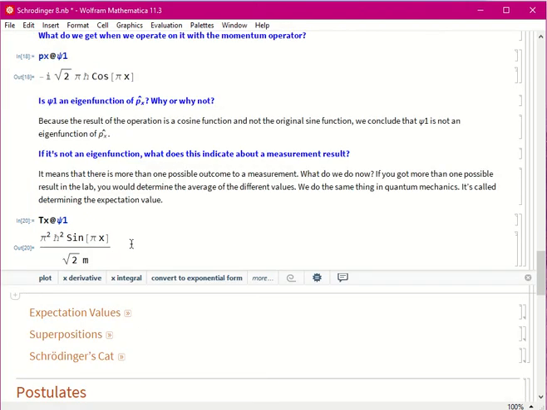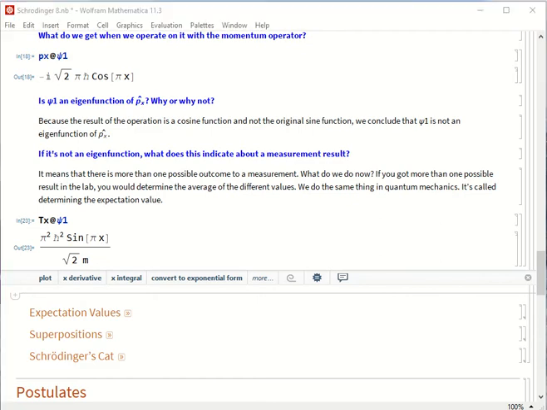Again, we ask the question, do we have an eigenfunction? Well, yes, in fact, we have an eigenfunction. We'll note that our original function was the square root of 2 times the sine of pi x. So we do have the sine of pi x here in our result. So we know we have the sine function there. The question is, what is the eigenvalue?